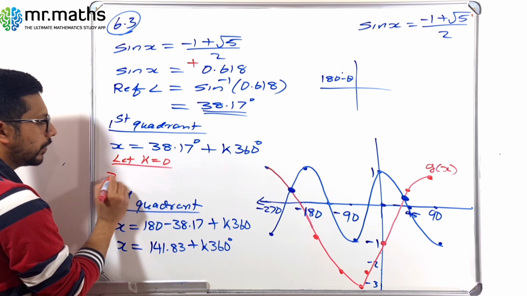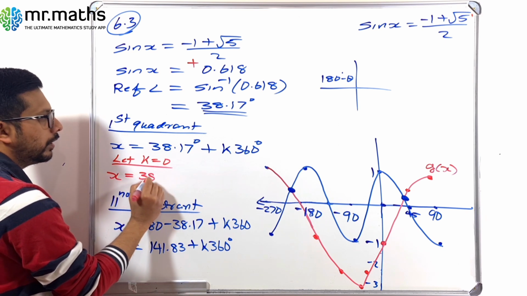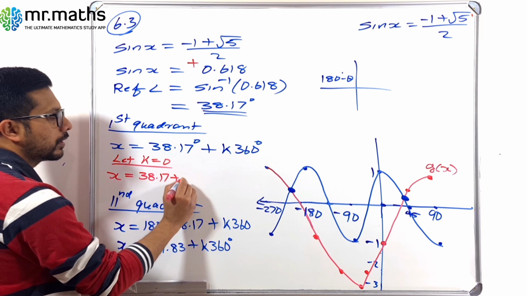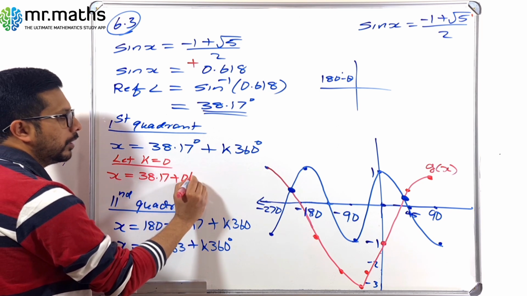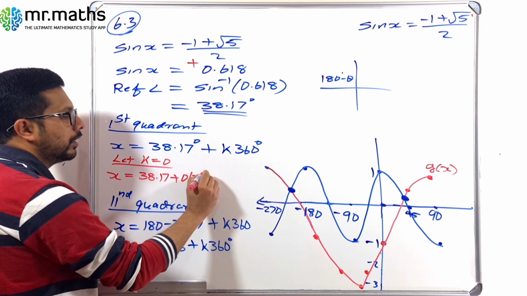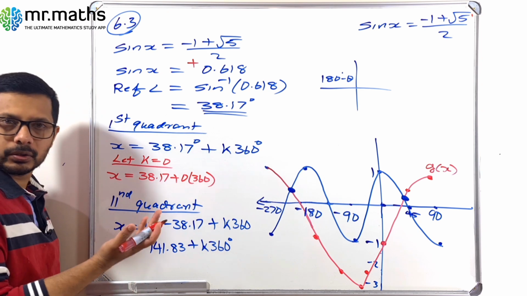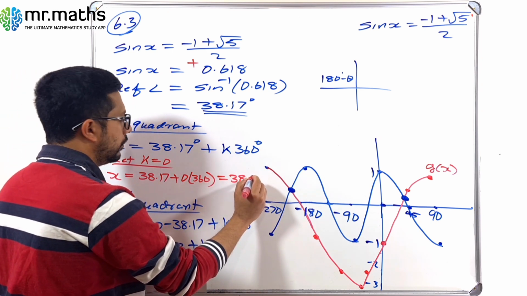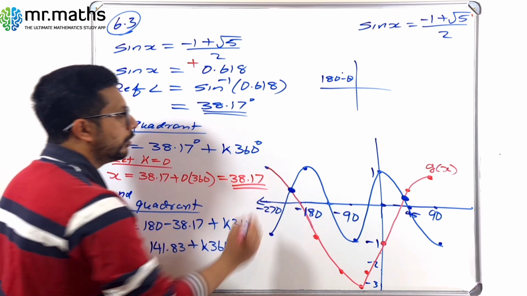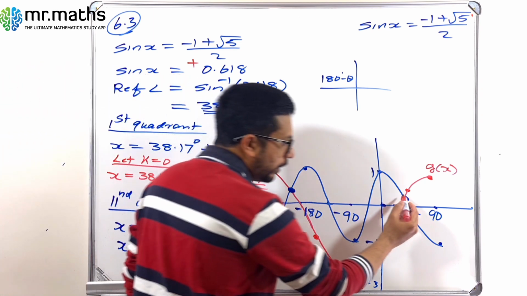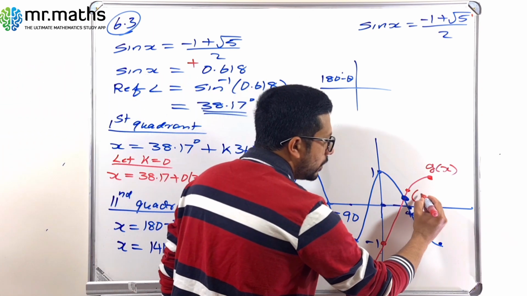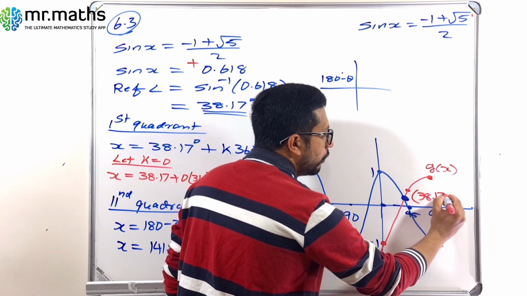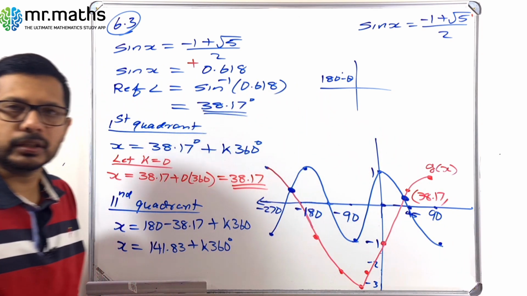Now what is the x value? x is equal to 38.17 plus 0 times 360. So 0 times 360 is 0, so the answer is 38.17. So it means that at this point the x value is 38.17. So we have to find the y value also.